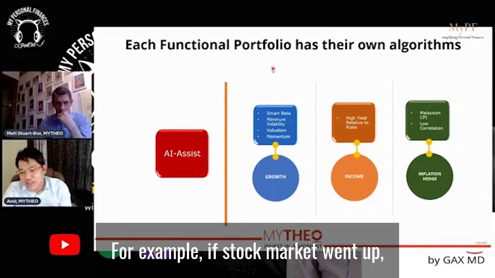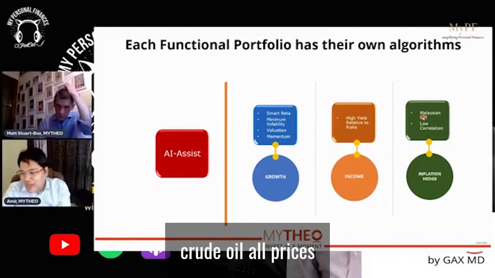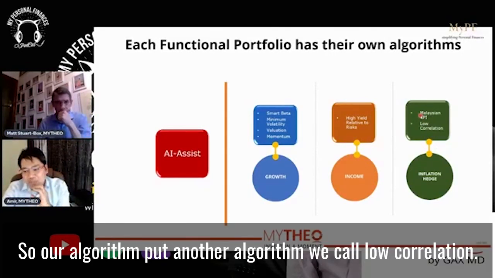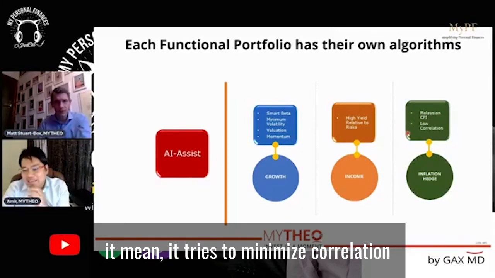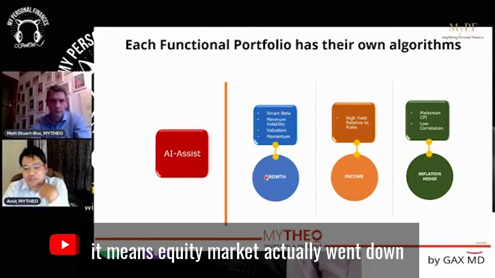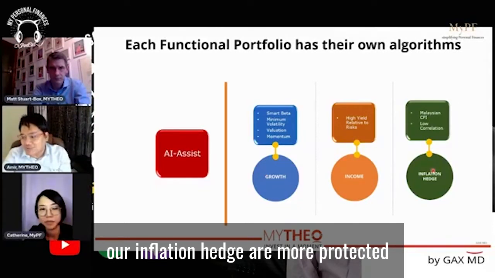For example, if the stock market goes up, your house price also goes up, and the crude oil price also goes up. So our algorithm adds another algorithm we call low correlation. It tries to minimize the correlation between the inflation hedge and growth portfolio, so that if the equity market goes down, our inflation hedge is more protected.